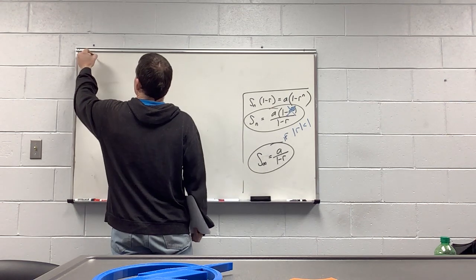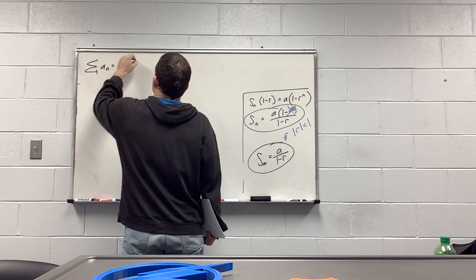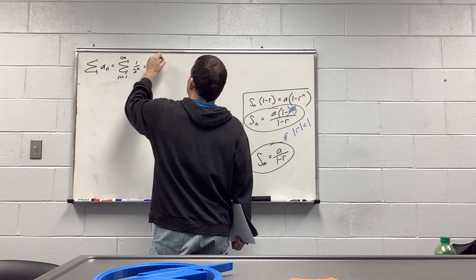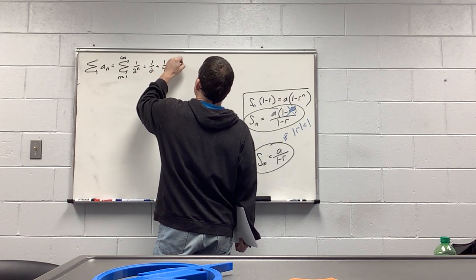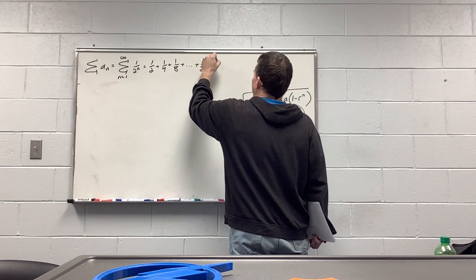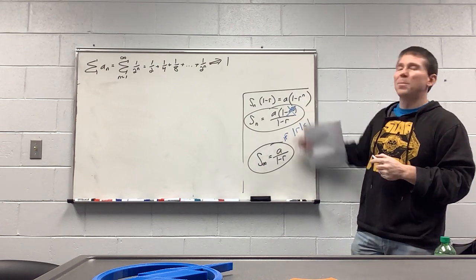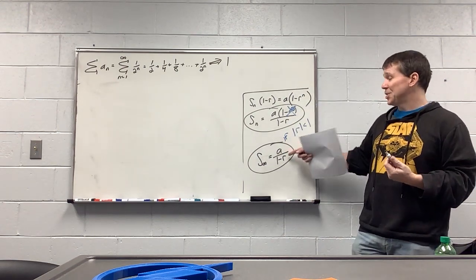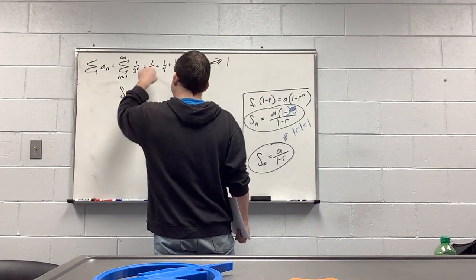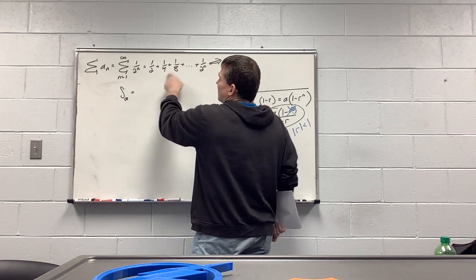So we had a sub n equal to 1 over 2 to the n, which was 1/2 plus 1/4 plus 1/8 and so on. And doing our little trick that we did before, we said that it looked like it was equal to 1, based on the few partial sums we wrote out. Now we can check that here. S sub infinity, the sum of that geometric series, the ratio is clearly 1/2.